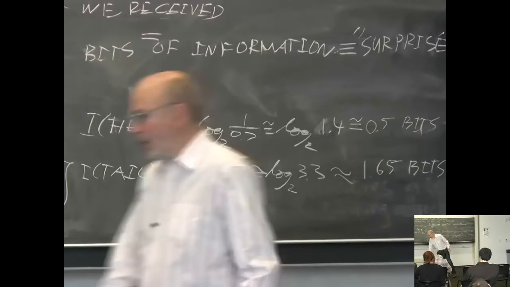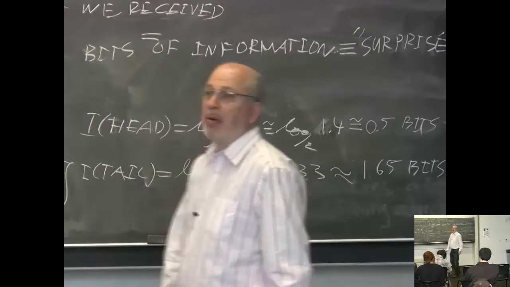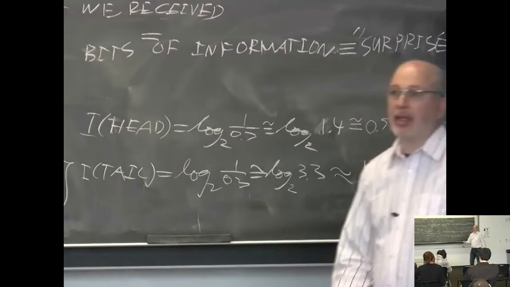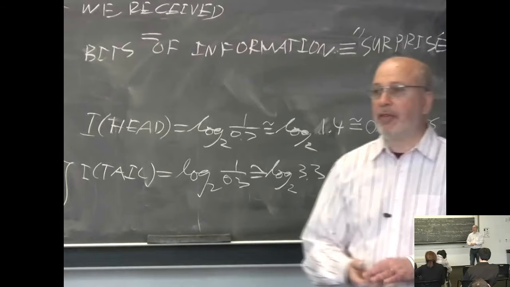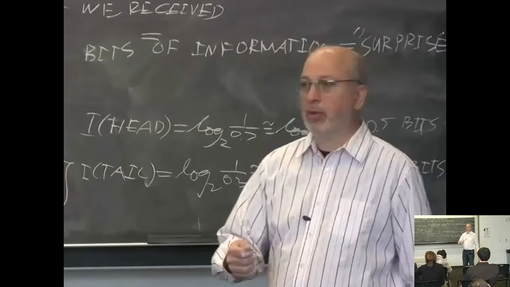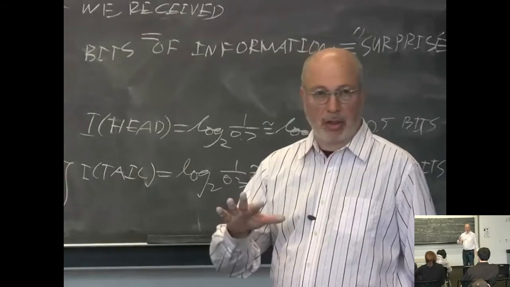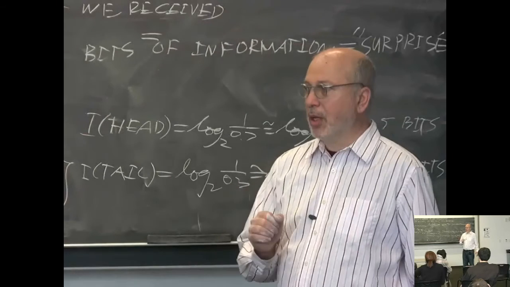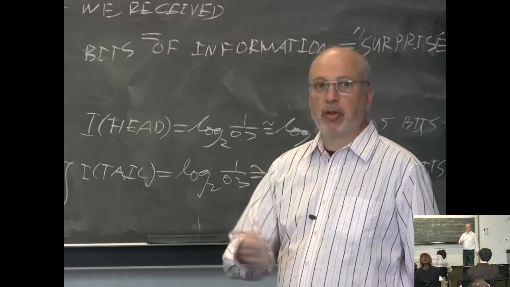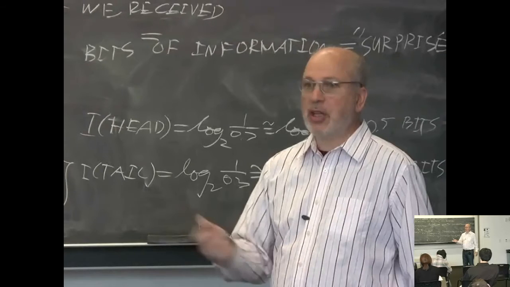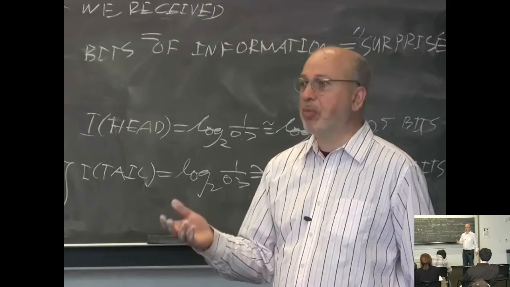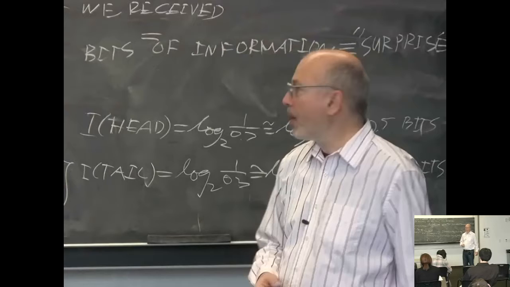Now we can ask, how much information does the unfair coin give us on average? Namely, if you flip that biased coin of 70%, 30% 100 times in a row and communicate the string of results, how much information is in that string, or how surprised are we to learn it?